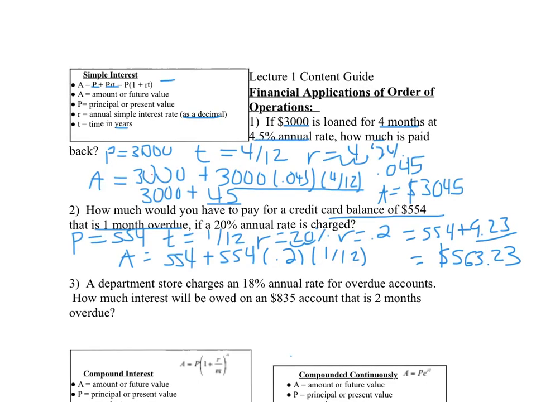And number 3, we have a department store that charges 18% annual rate for overdue accounts. How much interest will be owed on a $835 account that is 2 months overdue? So 18% annual rate, that is our rate.